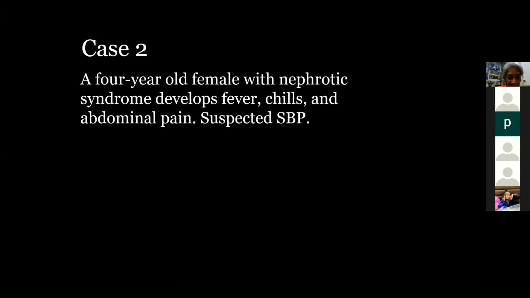Okay. So this is a 4-year-old child with nephrotic syndrome who develops fever, chills, abdominal pain, and is suspected to have a spontaneous bacterial peritonitis. Again, the first thing to think about is what do we anticipate in this child? What kind of blood gas abnormalities could this child have?